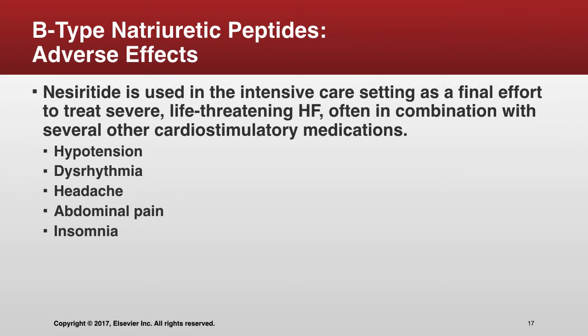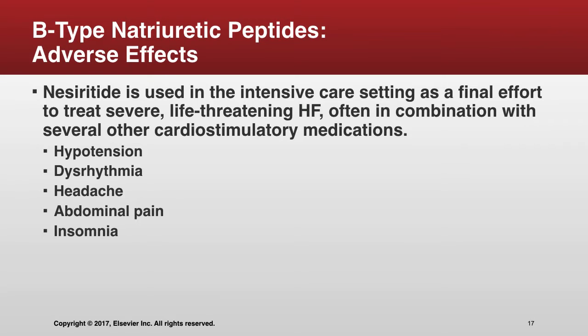When we look at the adverse effects that are related to the B-type natriuretic peptides, we have to remember that this particular medication is used in the intensive care setting as a final effort to treat severe, life-threatening heart failure, and it's often used in combination with several other cardiostimulatory medications like dobutamine, like digoxin.